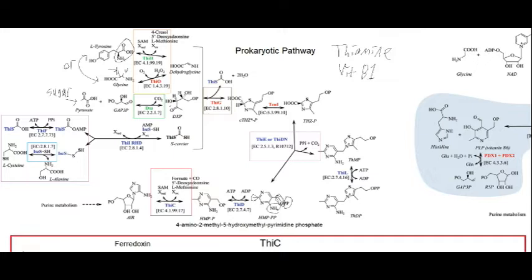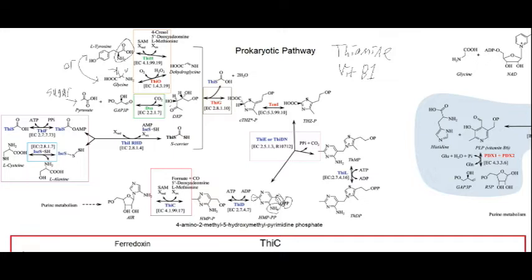But these are products from sugar metabolism, and then through this DXP synthase enzyme, which puts these 2 together and removes a carbon dioxide, we end up with DXP. And this is something that does not happen in humans. So this is one of the reasons that humans don't produce thiamine.